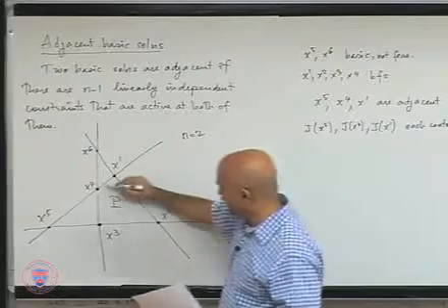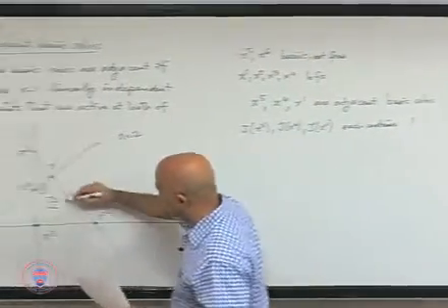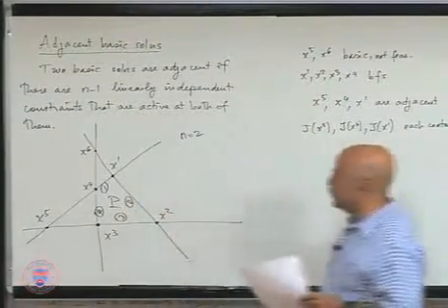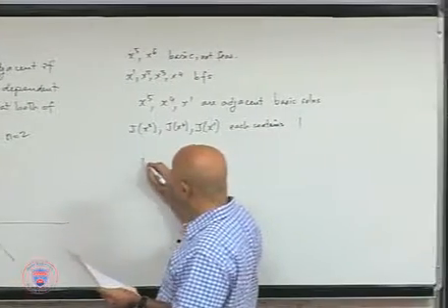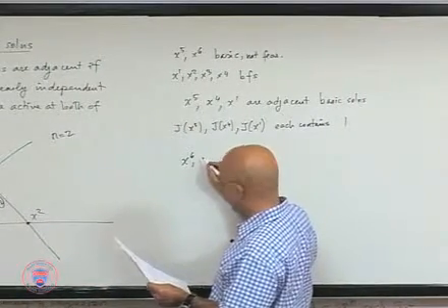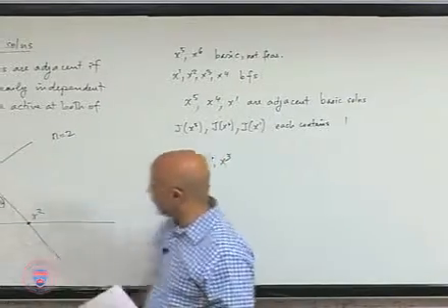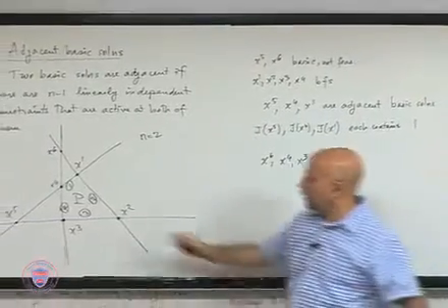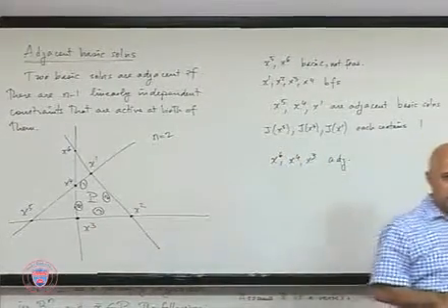Let's call it 1, 2, 3, and 4. So each of them contains 1. Okay. What about x6, x3, and x4 and x3? They are also adjacent because, again, their active sets each contain number 4. Okay?